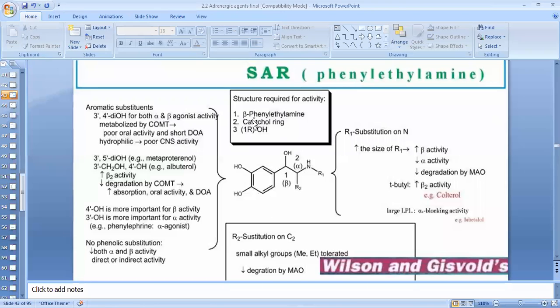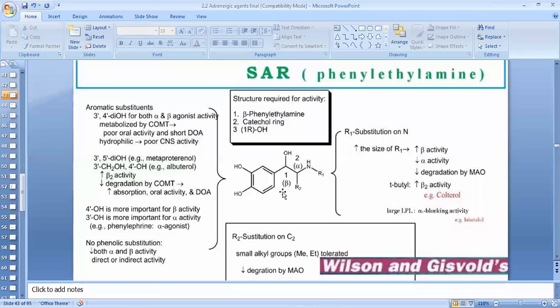Now, it must have, as second priority, a catechol ring. Catechol is nothing but 2 hydroxyl groups at the 3rd and 4th positions, which are present on the phenyl ring. This is the catechol ring, and as third priority they must have one ROH. So there must be a presence of this hydroxyl group at the first carbon atom, the beta carbon atom.